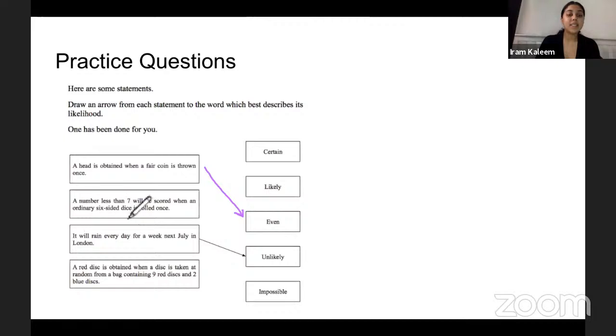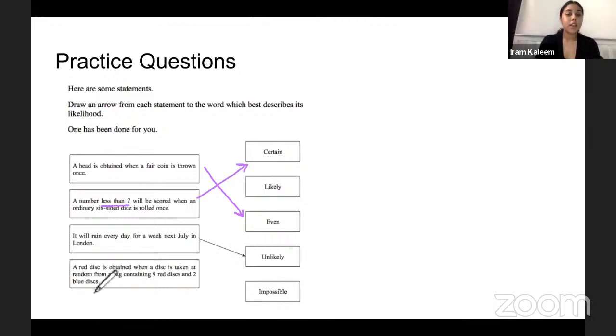A number less than 7 will be scored when an ordinary 6-sided dice is rolled once. Well, when a dice is rolled, all the options are less than 7. There's no way you're going to land on something that's not less than 7. So we say that this is certain.